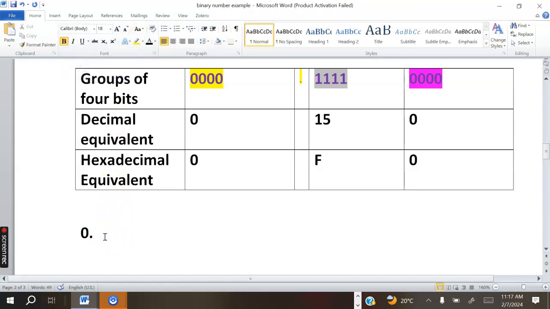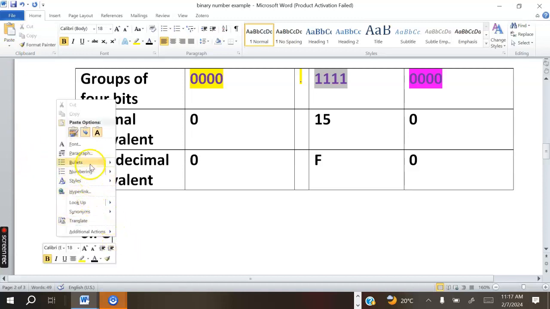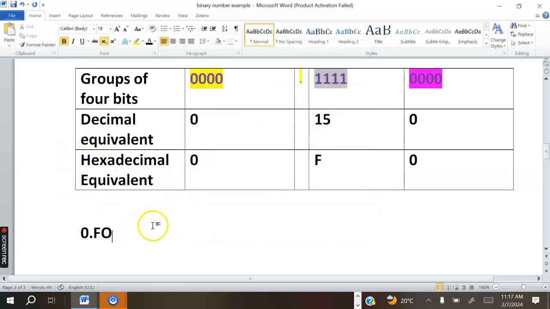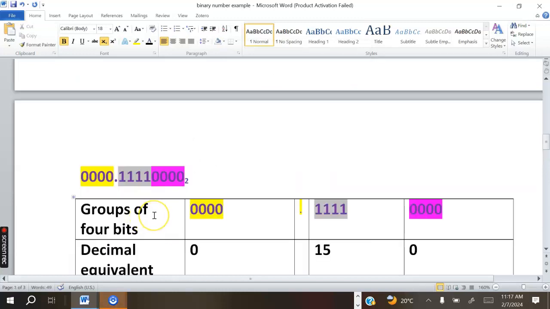Then we have F and 0. Then we give it the base. Remember the rules for the base. The base is supposed to be base 16. So those are the rules that we follow.